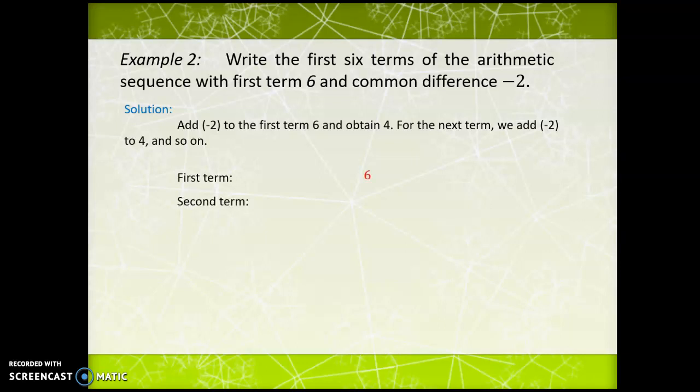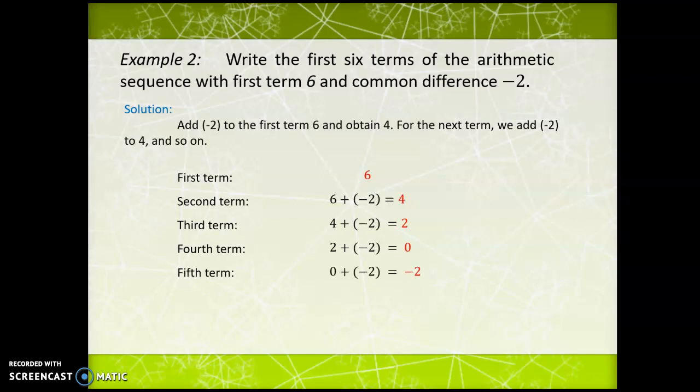And then we add negative 2 to get another term. To 4 we'll have 2. In the fourth term you will add 2 with negative 2, so you get 0. And then the fifth term you'll add negative 2 to 0 again, so your fifth term is negative 2.